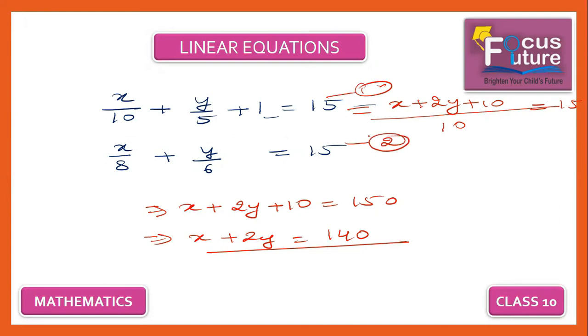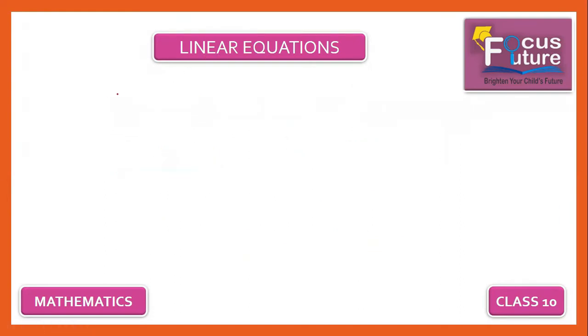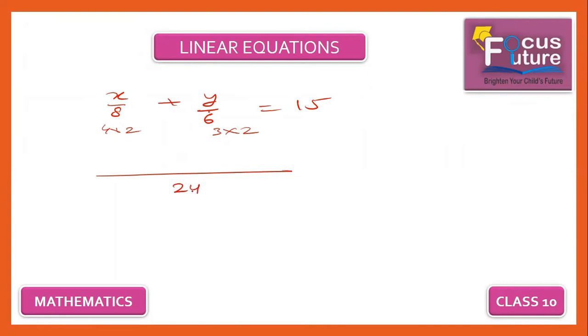Now let us solve equation number 2. Equation number 2 was x upon 8 plus y upon 6 is equal to 15. Take the LCM. What would be the LCM? This is 4 2s and this is 3 2s. So you would get 24 as the LCM.